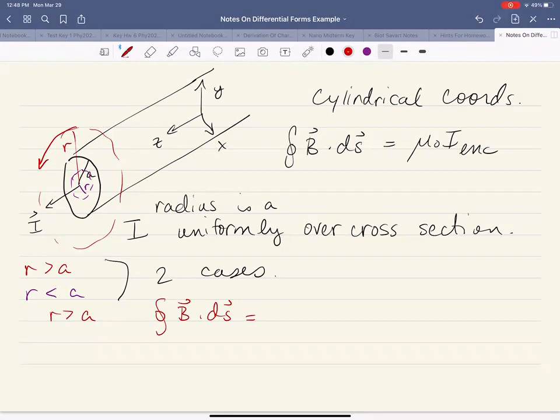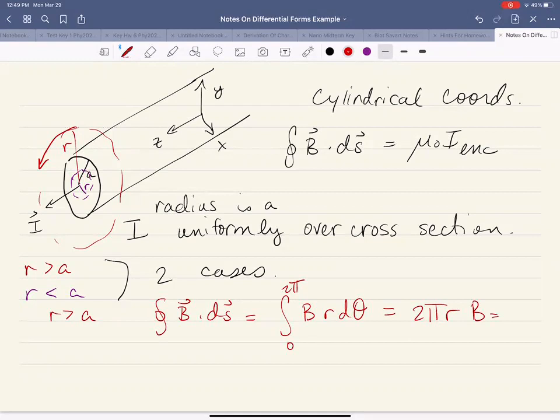What we want to do in Ampere's law is follow that symmetry, so we use an Amperian loop encircling that current. Our ds would be r d theta around that. So here we would have the integral from 0 to 2 pi of B times r d theta, and when you integrate that, you end up with 2 pi r B.